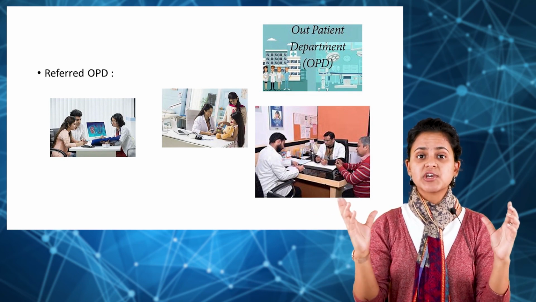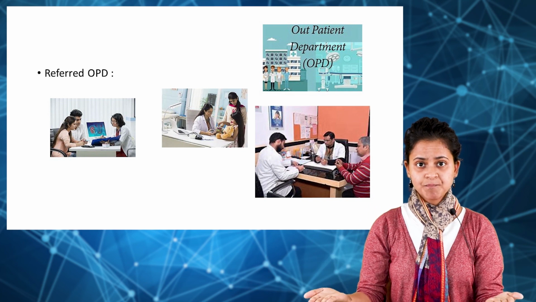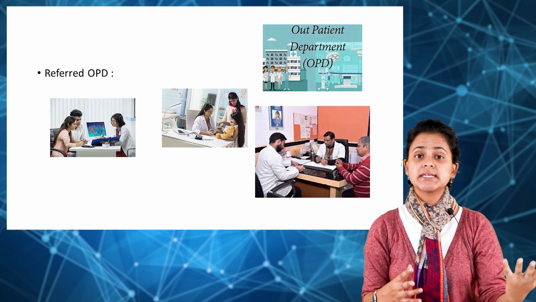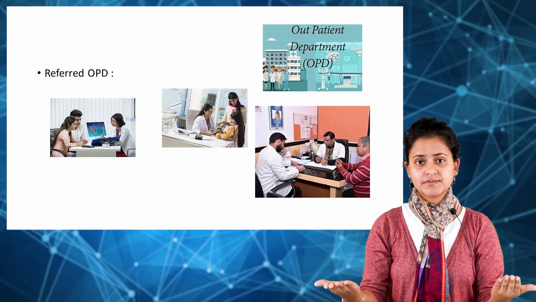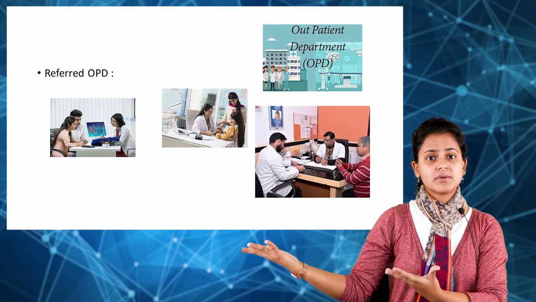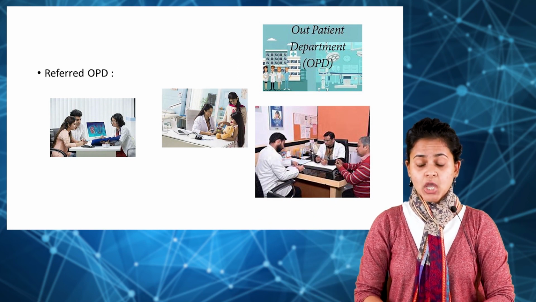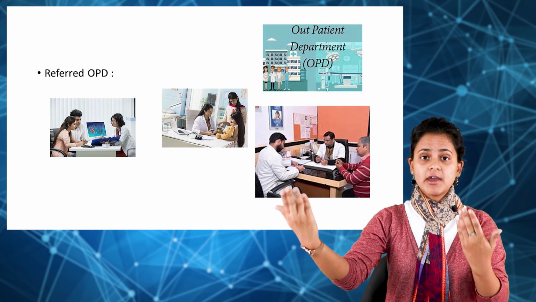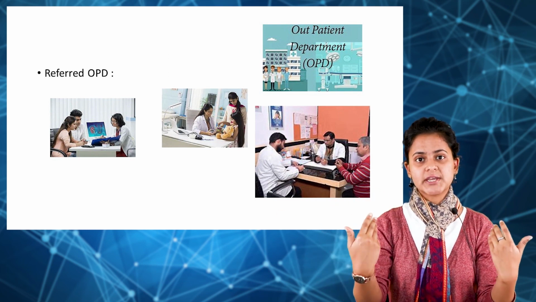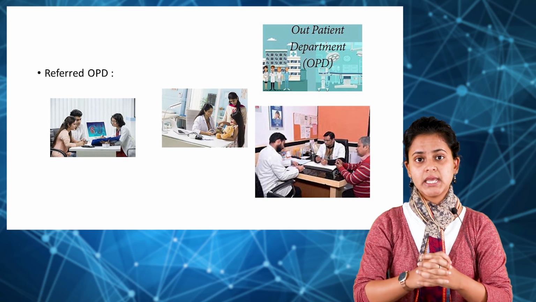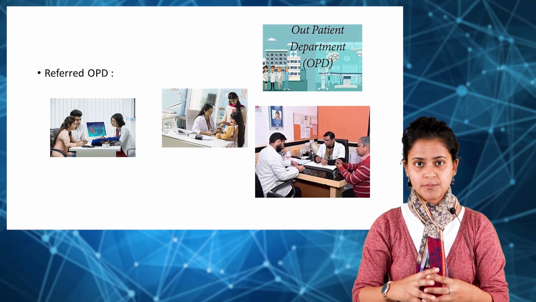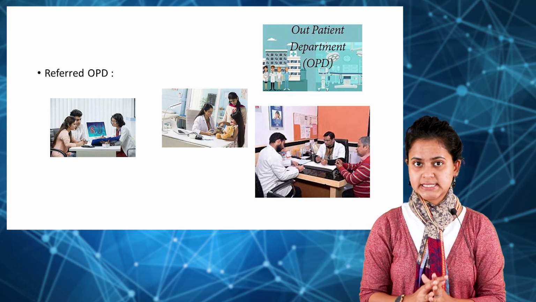Now suppose from the general outpatient department, a person has been screened with certain signs and symptoms indicating that the person may have developed some problem with their neurological system. So they will be referred to a specialist or specialized outpatient department which generally deals with patients suffering from neurological disorders or diseases.